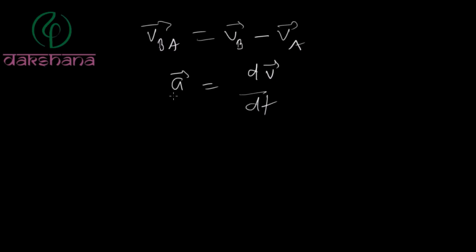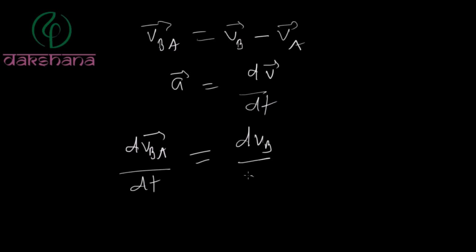So if we differentiate this equation with respect to time, we will get relative acceleration. So d(VBA)/dt equals d(VB)/dt minus d(VA)/dt.